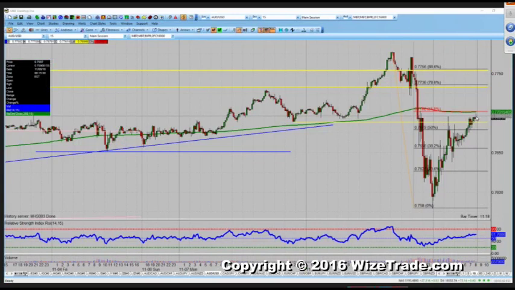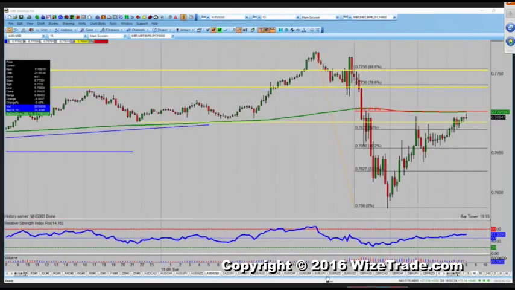Okay, let's see, support for the Aussie intraday is probably going to be down here. 76.35, I'll just write it.